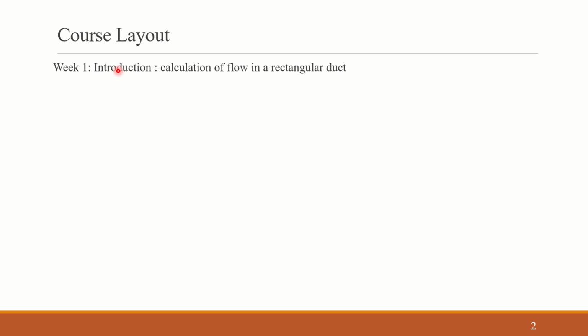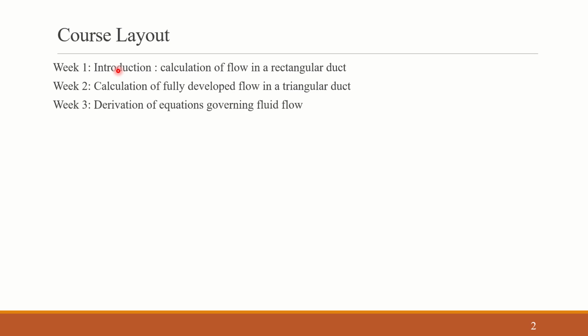In the first week, we saw the calculation of flow through a rectangular duct, and in week 2 we are going to deal with problems about fully developed flow in a triangular duct.